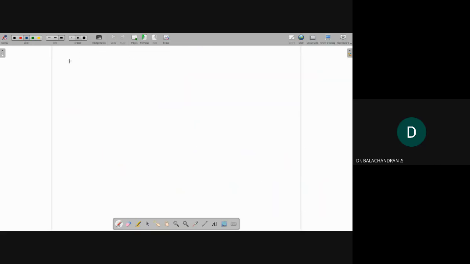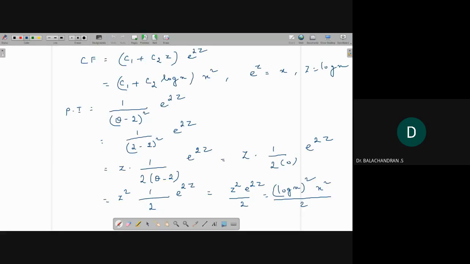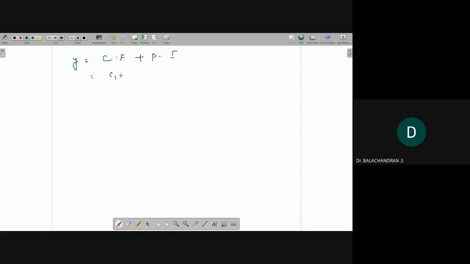So now what is your y? General solution, y equal to CF plus particular integral PI. So CF is C1 plus C2 into log x into x square, plus PI.